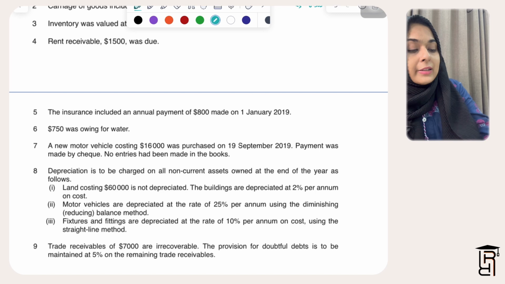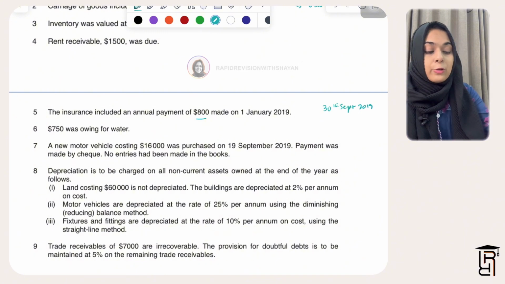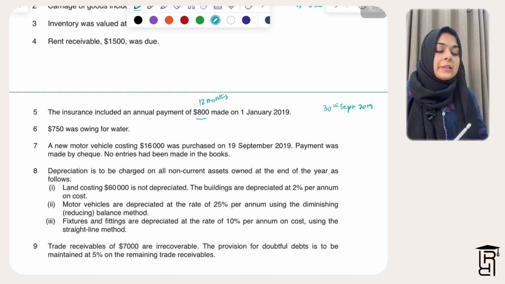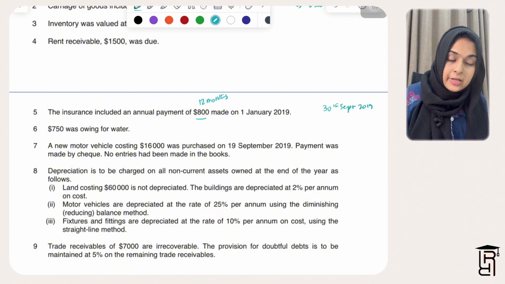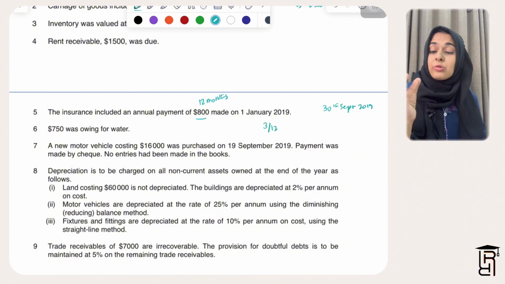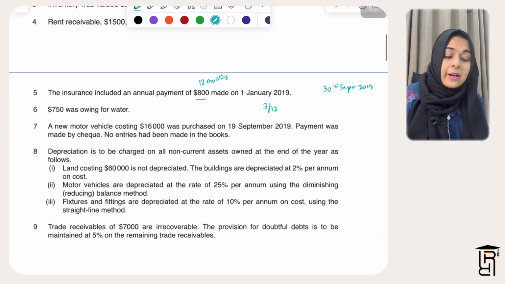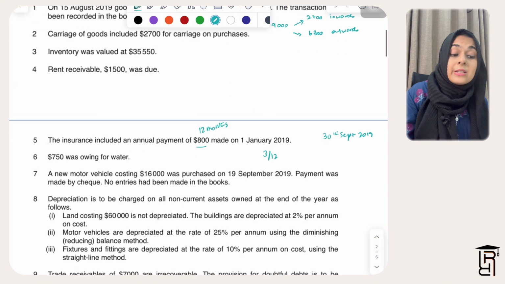So we are making our income statement on 30th September 2019, and we have made an annual payment of 800, which means this 800 is for 12 months. So 9 months of these 12 months fall in our year, and the remaining 3 months, 3 divided by 12, that is October, November and December 2019, do not fall in our year because we are making the income statement on 30th September 2019.